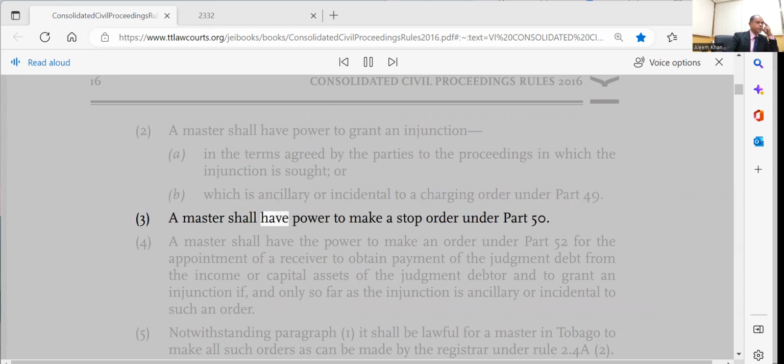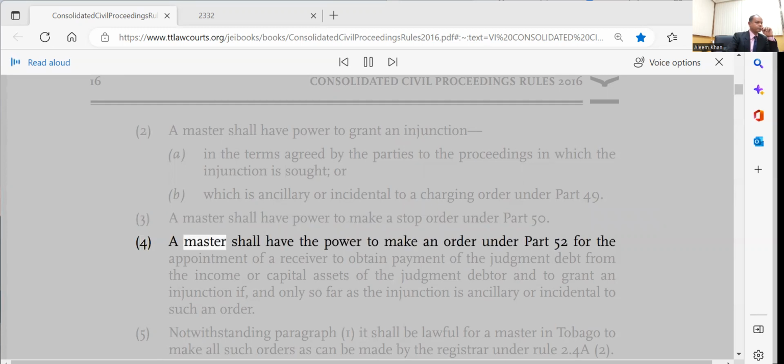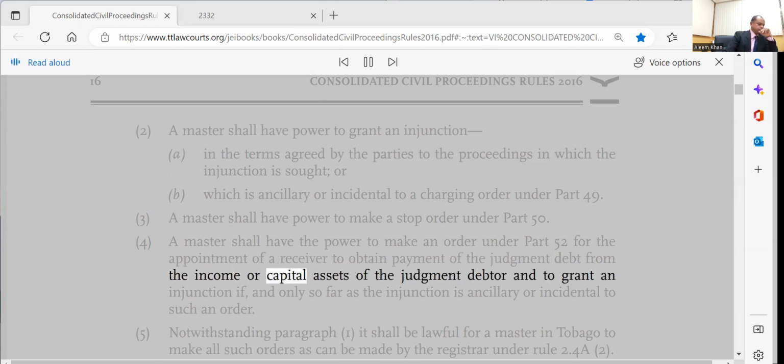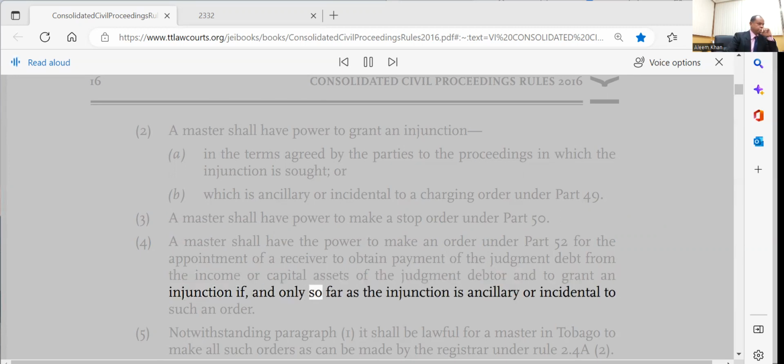A master shall have power to make a stop order under Part 50. 4. A master shall have the power to make an order under Part 52 for the appointment of a receiver to obtain payment of the judgment debt from the income or capital assets of the judgment debtor and to grant an injunction if, and only so far as the injunction is ancillary or incidental to such an order.